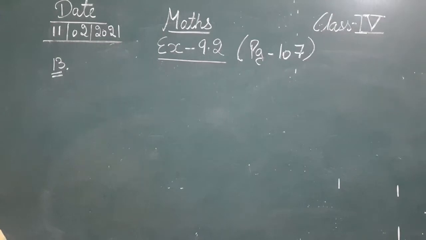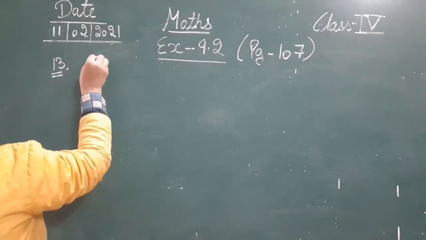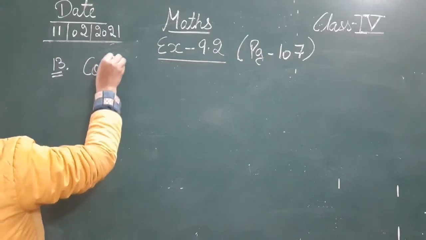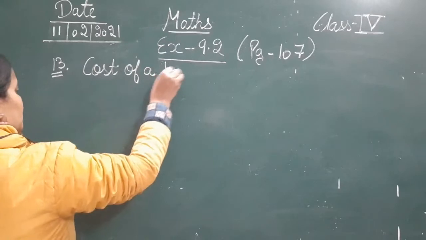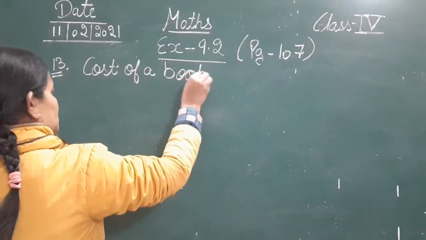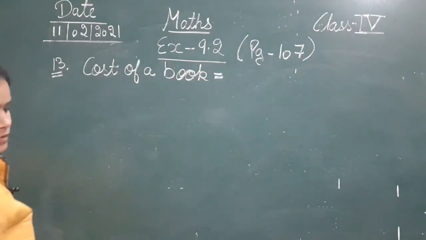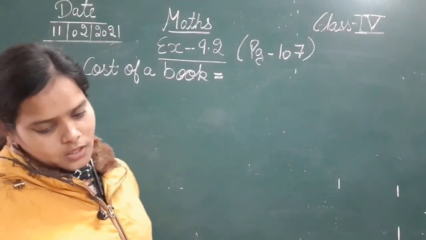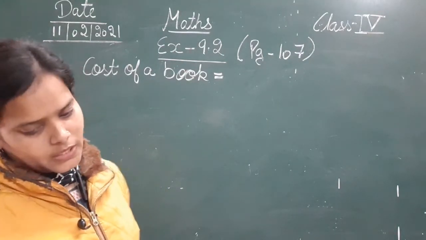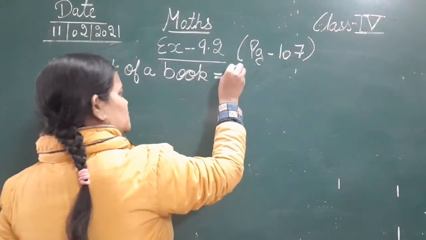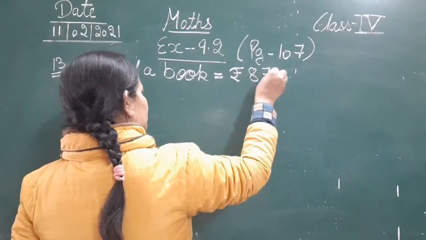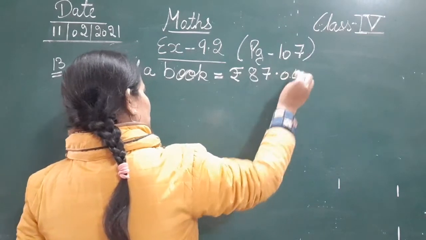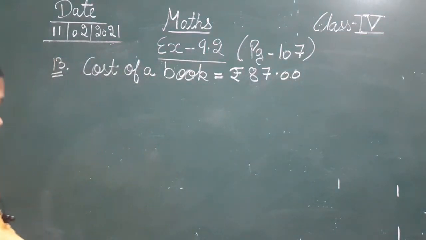The cost of the first item is a book. So the cost of the book is rupees 87.